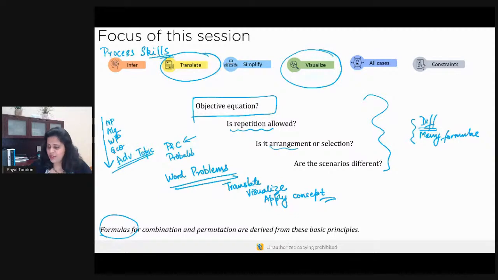Is it an arrangement or a selection? Are the scenarios different? These are the things that you have to extract from the question statement in order to formulate your objective equation and then plug in the values, meaning implement the values into that objective equation and then calculate it.